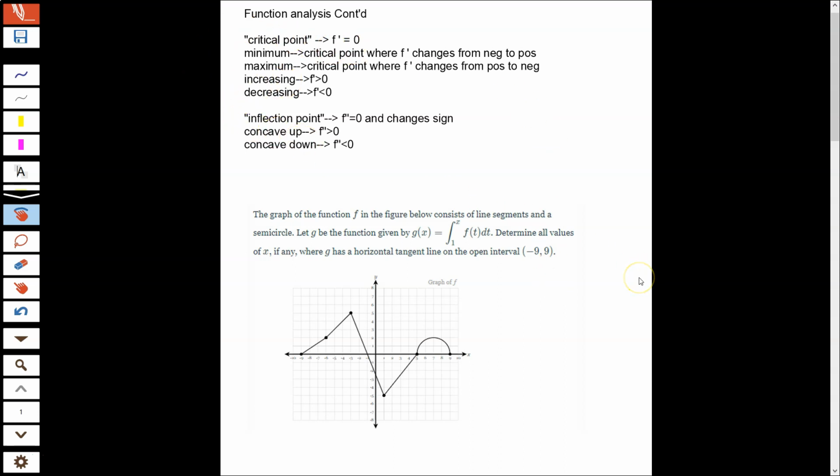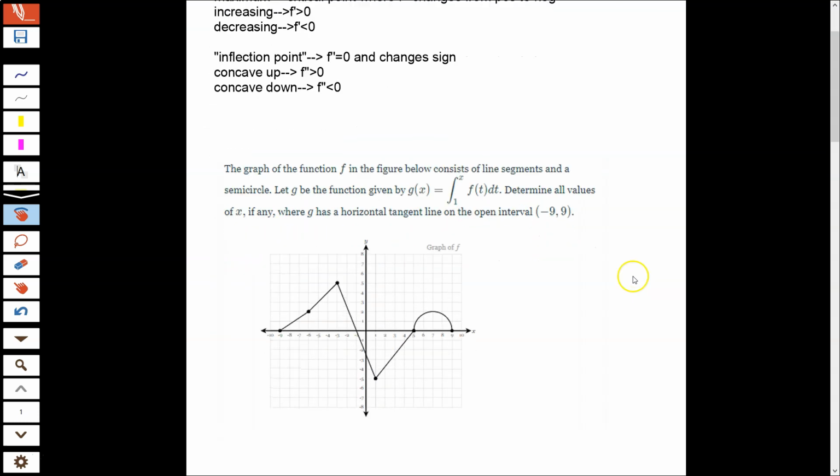Okay, let's look at our first example here. We don't really care that it consists of line segments and a semicircle. Here's our semicircle, here's our line segments. Doesn't matter, right? G is given by this function.